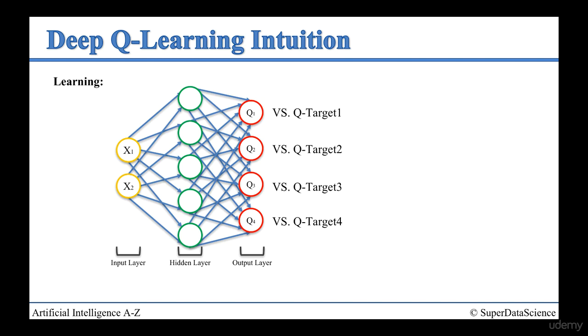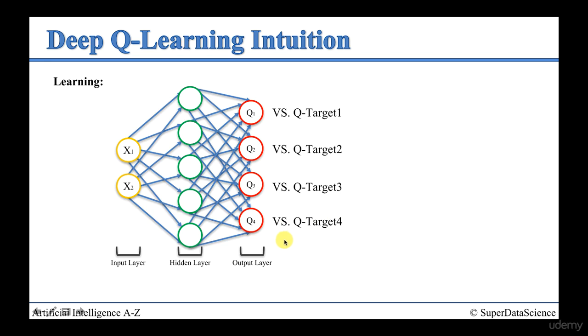So far we've gotten this. We enter our environment state here as a vector, it goes through a neural network, and we get predictions of Q values. Then from the previous time the agent was in that state, we have these Q targets 1, 2, 3, and 4 for each of these respective actions. Now let's compare each one with each one. From here, it becomes pretty straightforward if you're up to speed with neural networks.